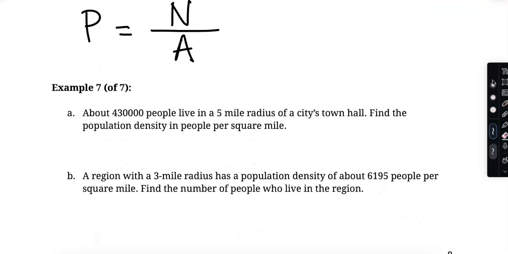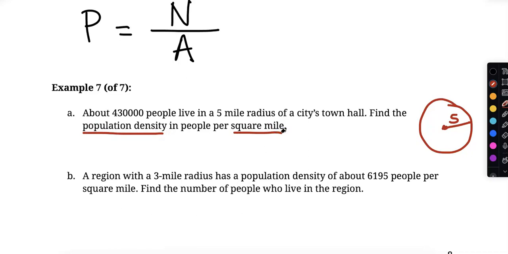All right, so we have about 430,000 people living in a 5-mile radius of a city's town hall. So if I start and I think about town hall, a 5-mile radius, within that 5-mile radius, there are 430,000 people living there. I want to find the population density in people per square mile.